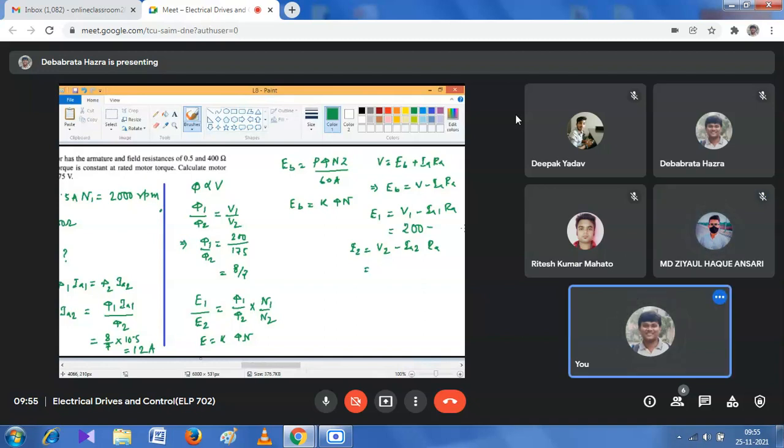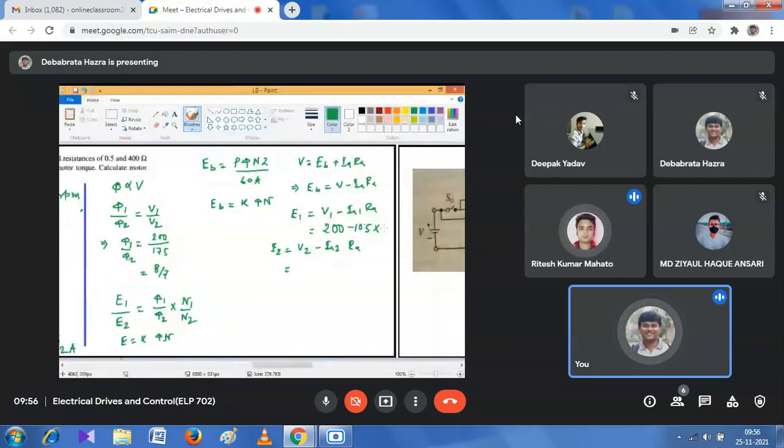And what is the value of IA? 10.5. And what is the value of RA? 0.5.